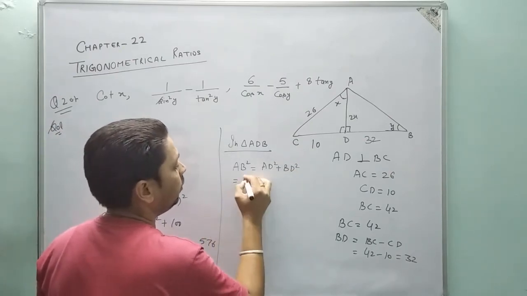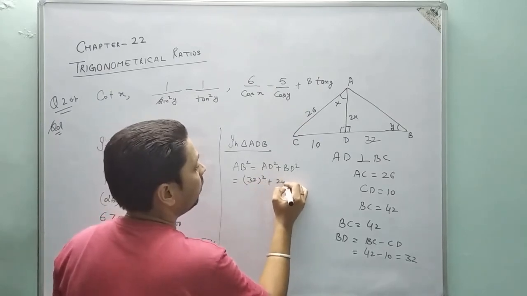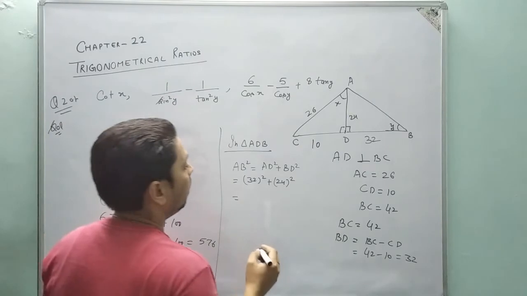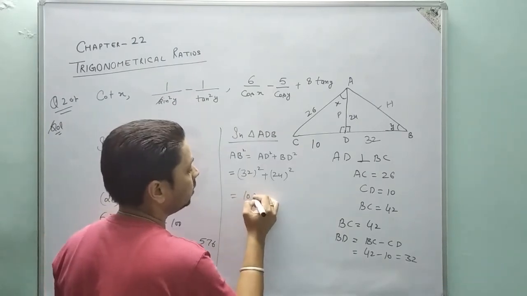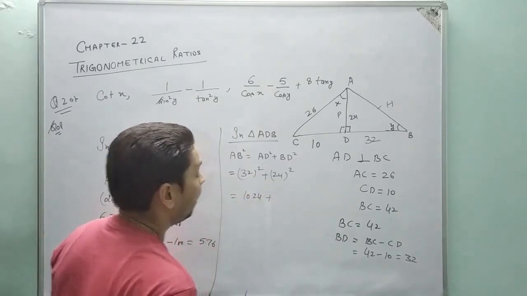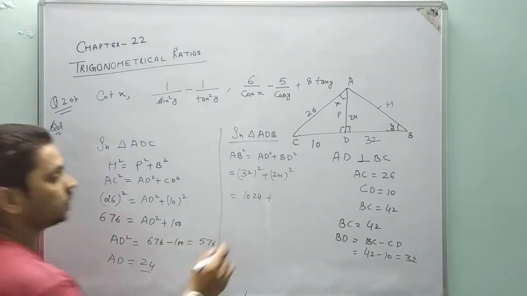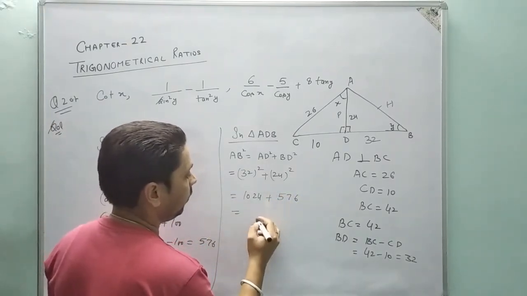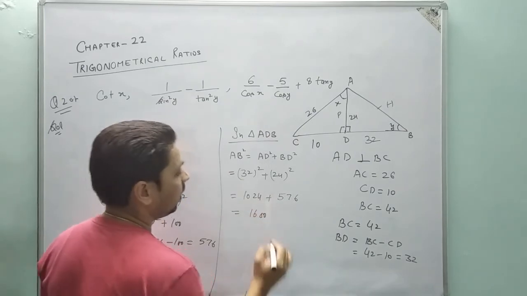This will give you 32 square plus 24 square. 32 whole square is 1024 plus 24 square, which is 576. So we have 1600.